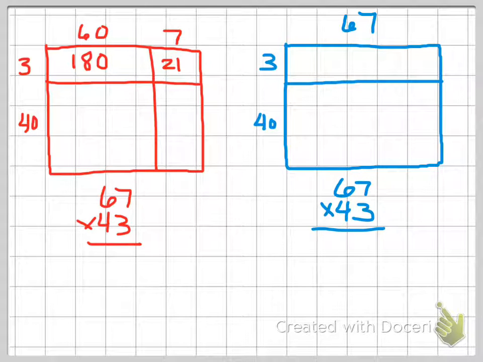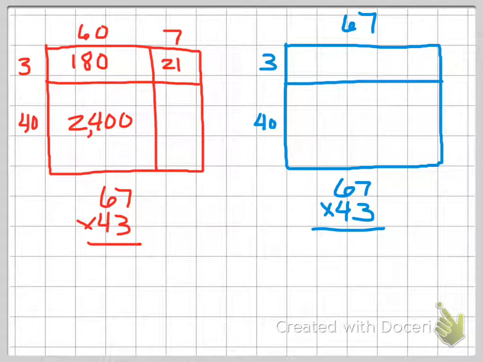Now 40 times 60, I have 4 tens times 6 tens. 4 times 6 is 24, and then I have my 10 times 10, which is another 100. 100 times 24. Another way for me to break this down and see why that is 2,400, not 240, which is a common mistake.